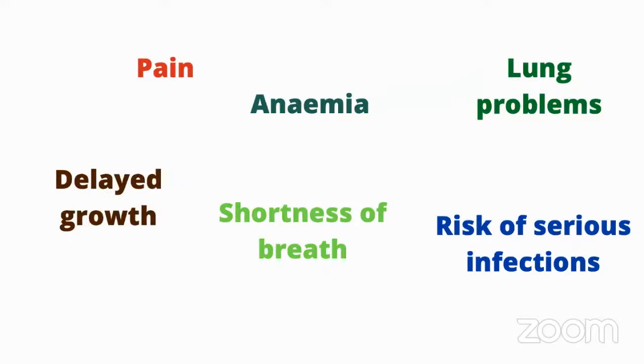Some people may experience anemia, shortness of breath, and lung problems, which may be due to the lack of oxygen being supplied around the area, as well as risk of serious infections and delayed growth. Obviously, it does differ from person to person, but these are some of the main ones.